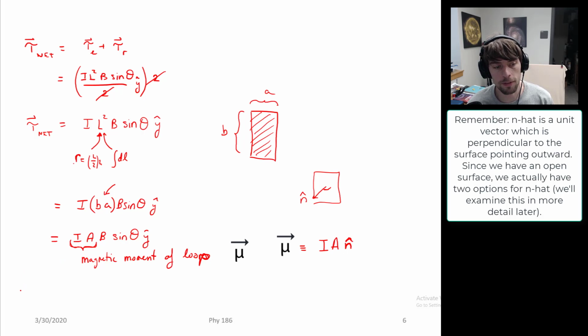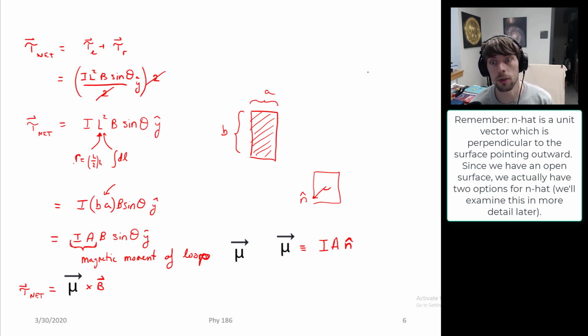So more often than not, as we advance, you'll see that the net torque on a current carrying loop is given by m cross B, as in boy. Again, that's just a little extra for you.